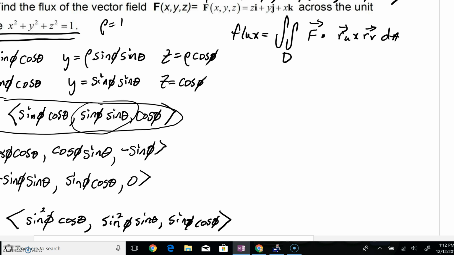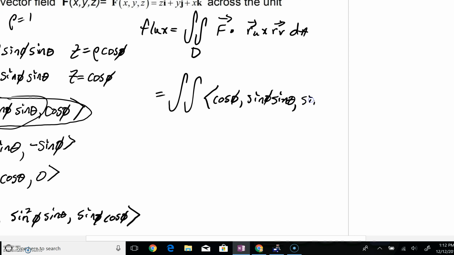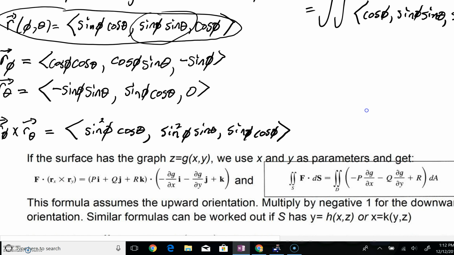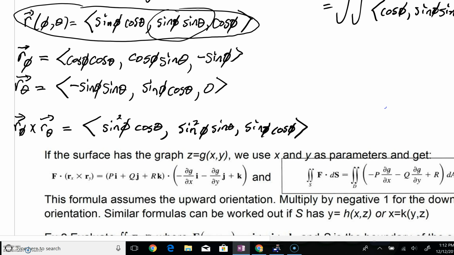Okay? So, your F is this vector of cosine of phi, sine of phi sine of theta, sine of phi cosine of theta. But we're going to take a dot product of that. And the dot product that we're going to be working with is down here. It was that cross product.